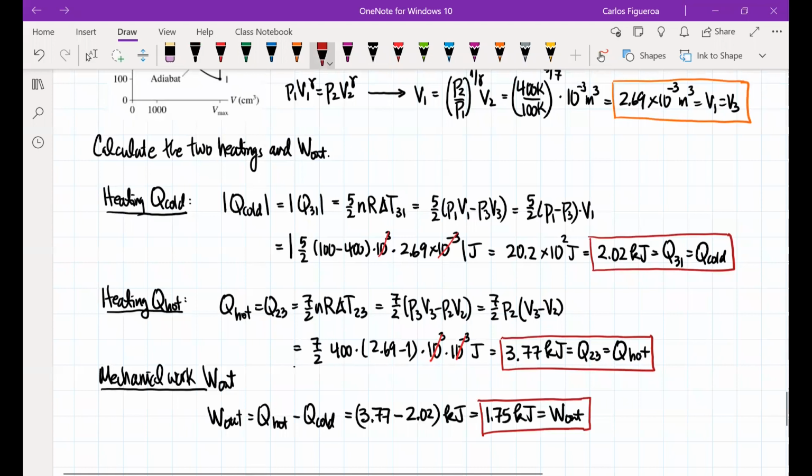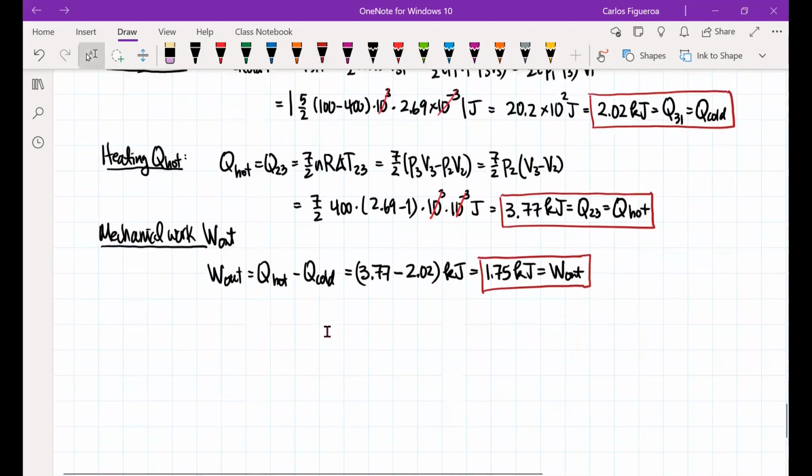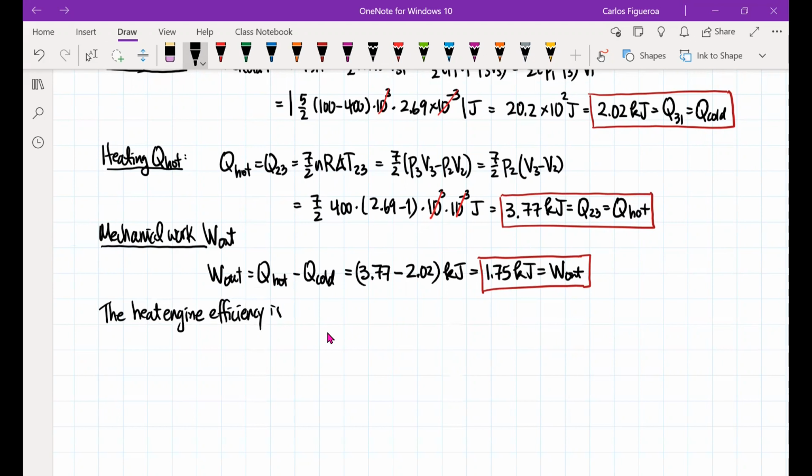So now I could then go in and calculate the efficiency. So now the heat engine efficiency is, remember, I can write it a couple of ways. The easiest way is just W out divided by Q hot.